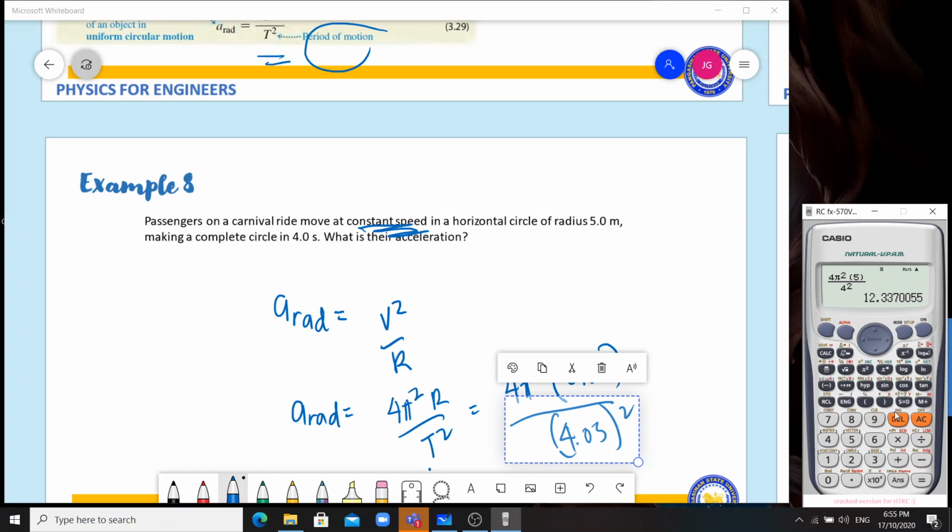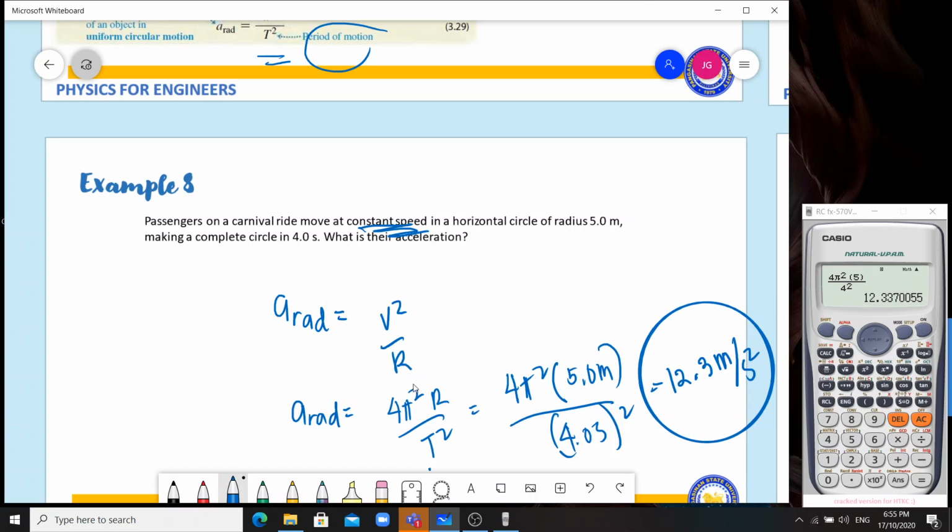So, ang sagot dyan is 12.3 meters per second squared. Okay, yan yung final answer.